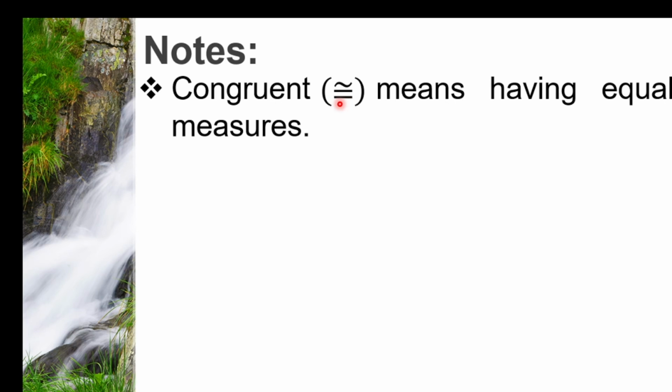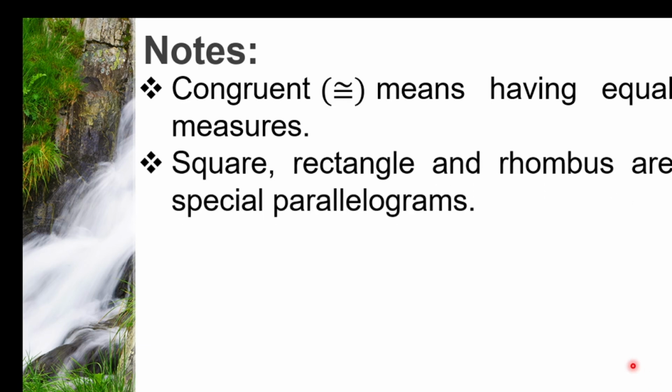This symbol means congruent. The 2 parts have equal measures. A square, rectangle, and rhombus are special parallelograms. Square, rectangle, and rhombus have 2 pairs of opposite sides which are parallel and congruent.